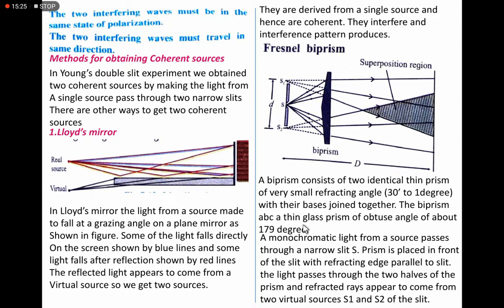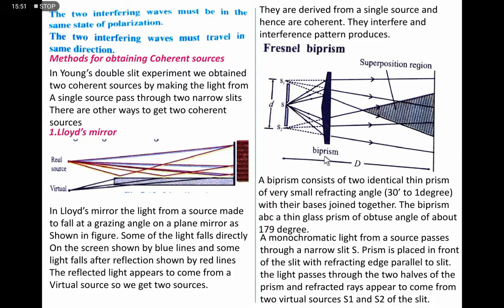The interference pattern will be produced. If these lines which are falling on the two halves of the biprism are refracted, and the same lines are produced backward, we'll get the two coherent sources.